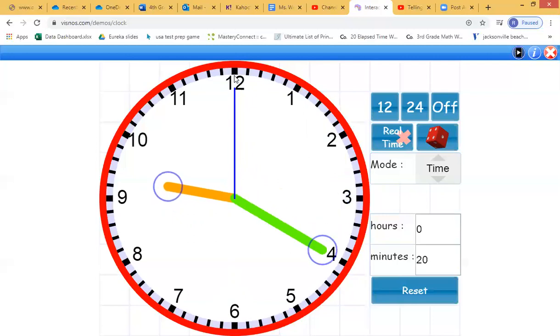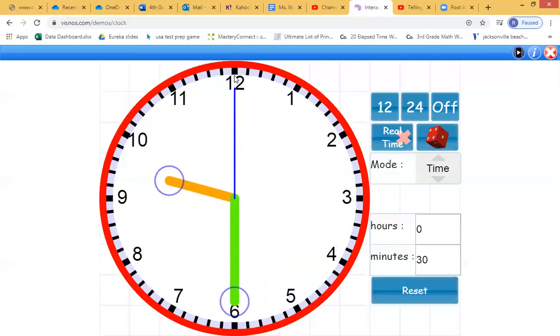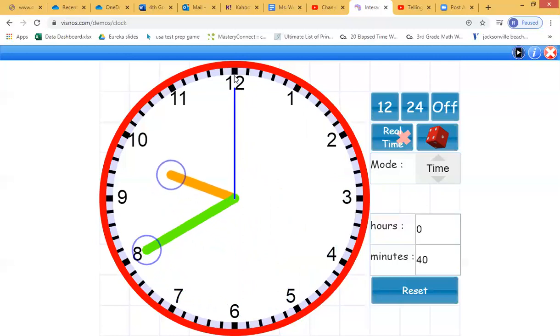Get to the 4, it's at 9:20. Gets to the 5, it's at 9:25. Now we're at 9:30, 9:35, 9:40. And remember, we want to stop on the 9. So it is 9:45 on that particular clock. Okay. All right. So let's move on.